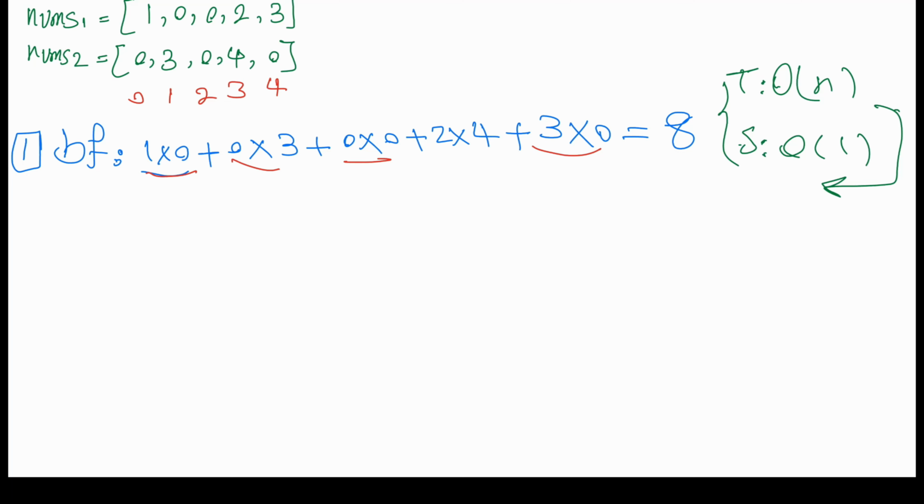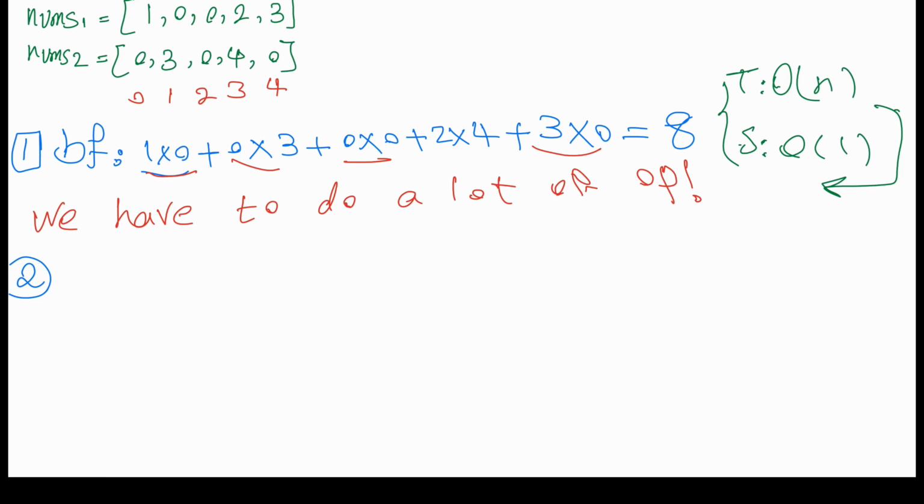So we have to do a lot of operations here. Okay, so what can we do to remove or ignore these operations? Here is the second solution that we can do.